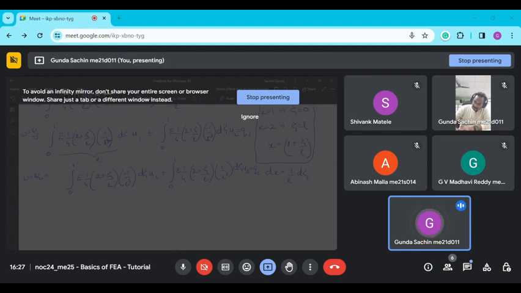So this is how you will get the equation for w is equal to psi 2, and similarly for that this will be k11, k12, k21, k22. Remember that this is for the second element. Don't confuse this case with the first element case. So for the second element, this one is your equation.